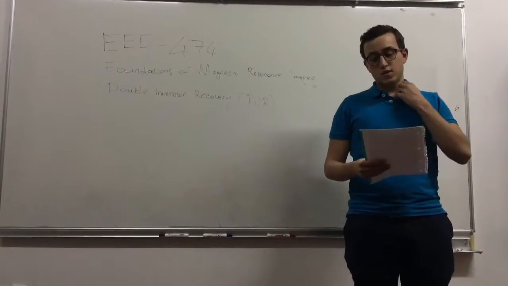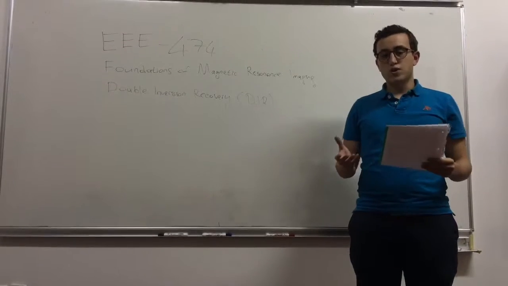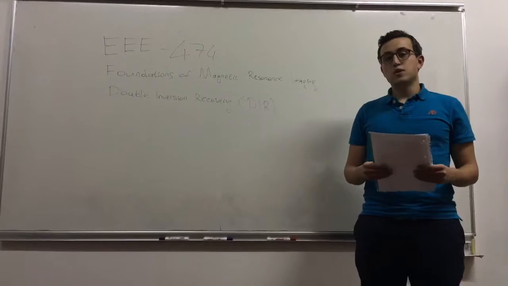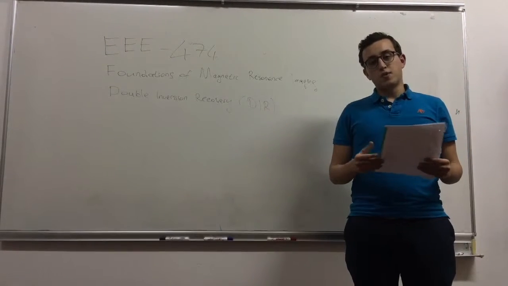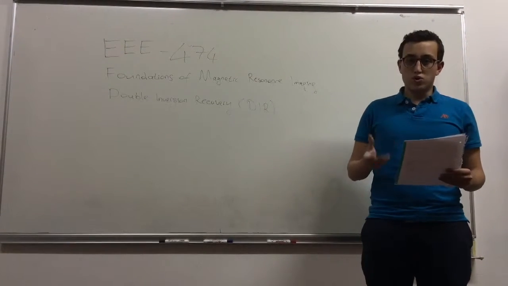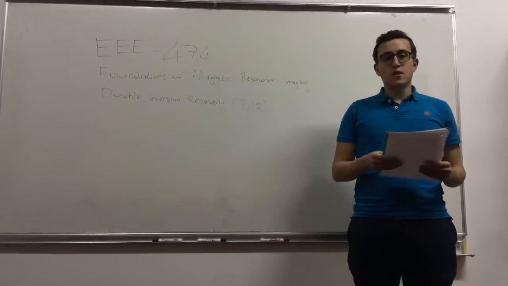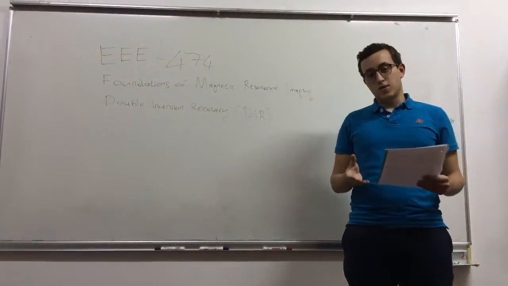So magnetic resonance imaging is a widely used concept in medical imaging. Its initial name is actually nuclear magnetic resonance. However, due to the negative approach against the word nuclear, this word is eliminated and it's called magnetic resonance.